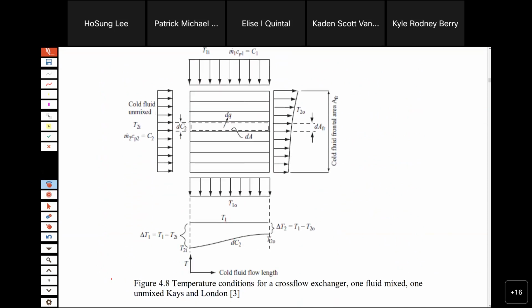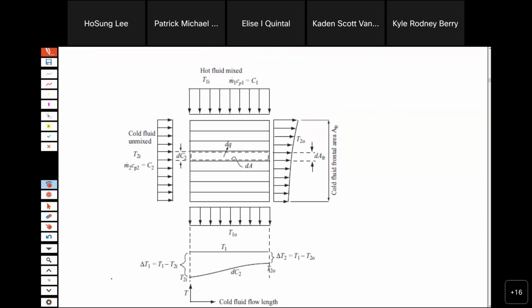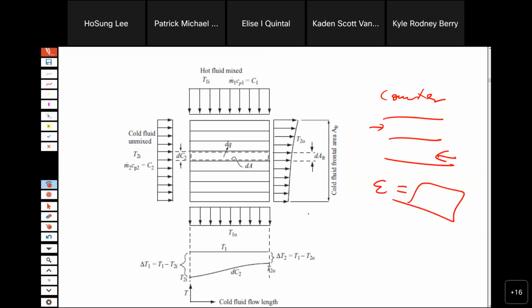It doesn't matter what type, as long as the cross, it works. It's amazing. Even counterflow, any type, the counterflow effectiveness equation is there.